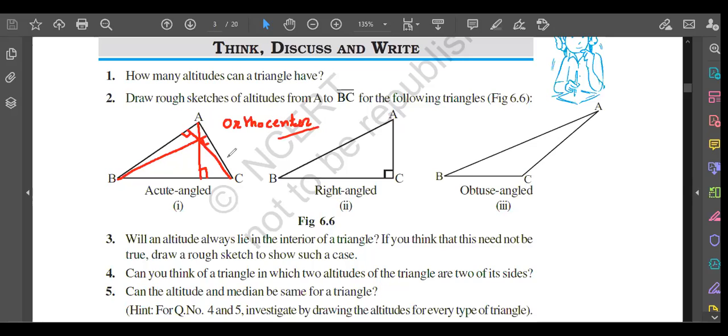Write it down, everyone: the point at which all the altitudes intersect is called the orthocenter. Because obviously they are lines, they will intersect, and there's a condition that all three will intersect at the same point. That point is called the orthocenter. Got it, everyone? Yes or no?